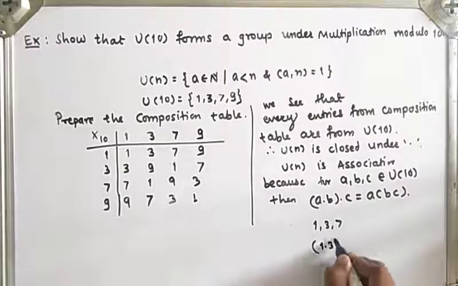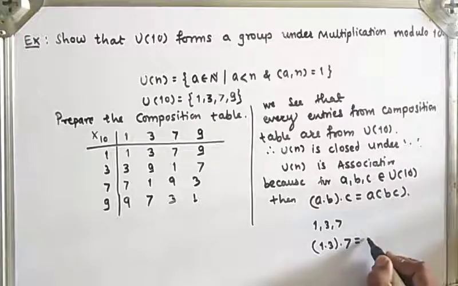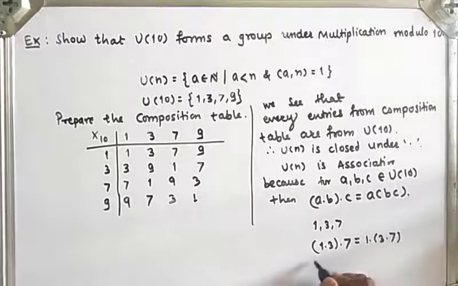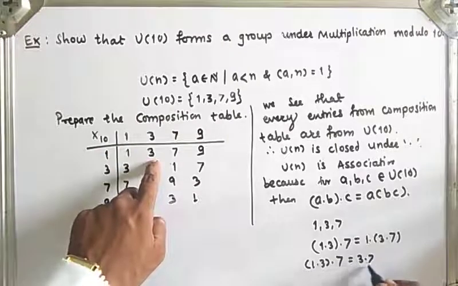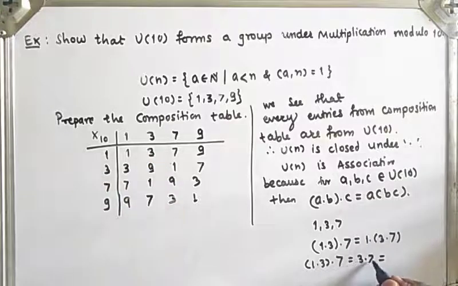Then LHS: 1 into 3 is 3, and 3 into 7 is 21, and 21 divided by 10 gives remainder 1. RHS: 1 into (3 into 7), where 3 into 7 is 21, which gives remainder 1, so 1 into 1 is again 1. Means LHS is equal to RHS, so U of n is associative.